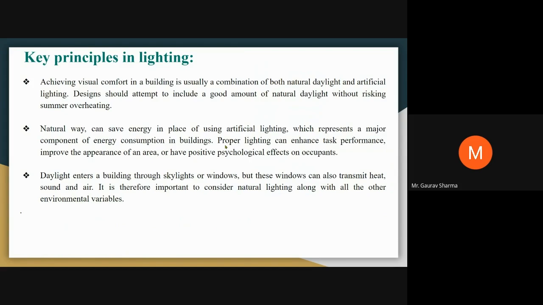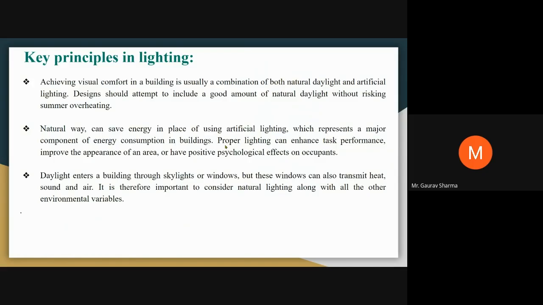So no doubt there will be proper lighting, but for comfortable living conditions, it would not be considered good. Okay, so you should not compromise the lighting with the radiation inside. So temperature and lighting should be studied very carefully.